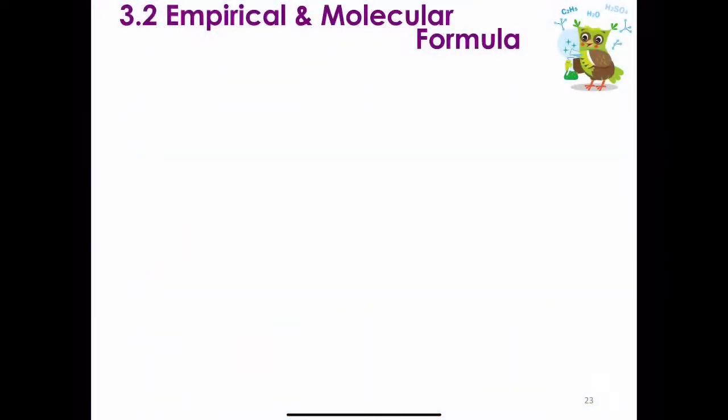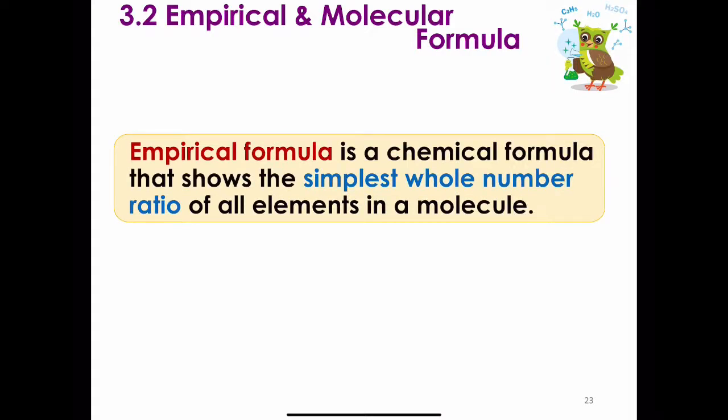Okay, so first let's have a look at what is empirical formula. So empirical formula is defined as a chemical formula that shows the simplest whole number ratio of all elements in a molecule.